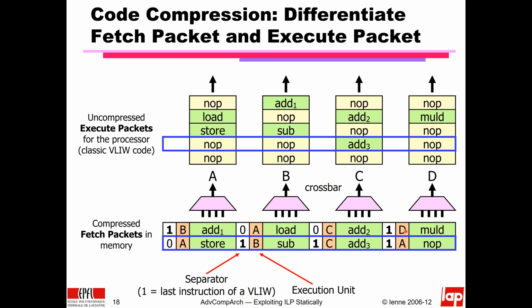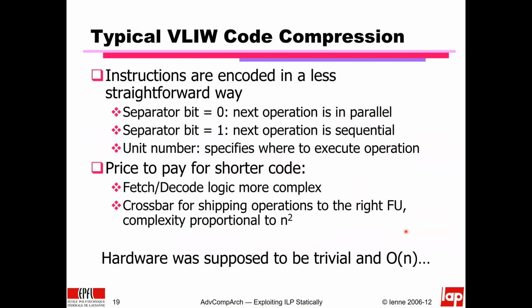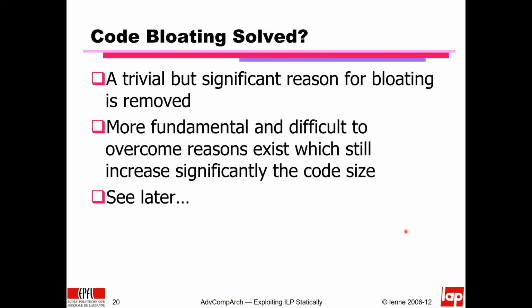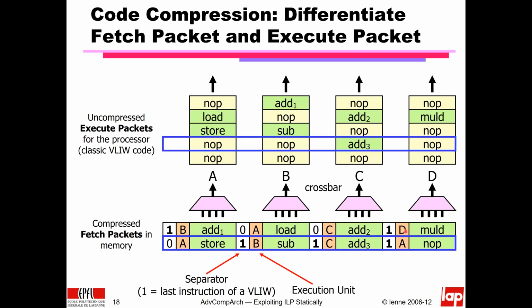And so this is encoding, and in a sense, this is gone. We will see later that is not true. We have removed, ideally here, completely the code bloating, the growth in code due to this new paradigm.